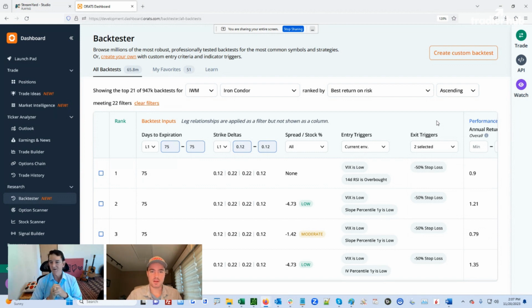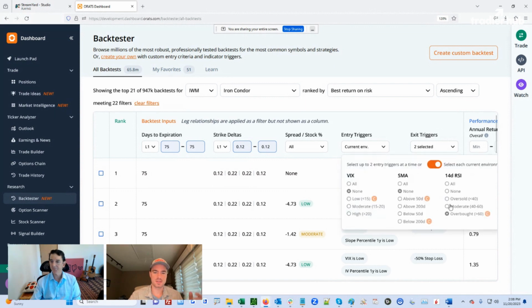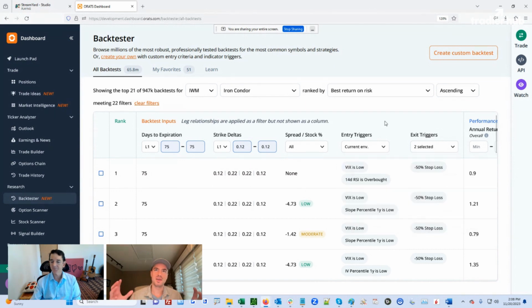Yeah, I mean, if you think about you have days to expiration, strikes, spread over stock, and then we have 5 different types of entry triggers that we test, and then obviously stop losses and profit targets. So if you combine all of those together for every strategy and all the 50 symbols that we've tested it on, you're going to get quite a few backtests.